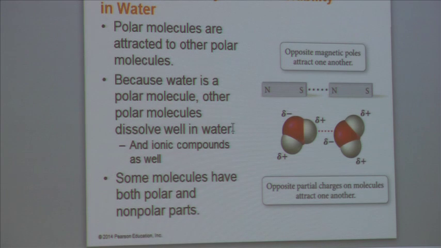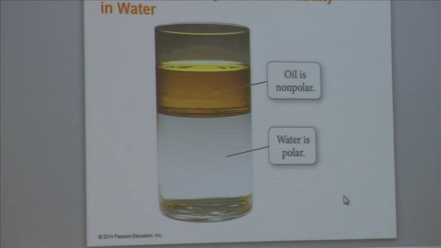Water is a polar molecule, and all ionic substances, compounds, will dissolve in water and be attracted to the positive and negative charges. Molecular polarity also affects solubility. Oil is nonpolar while water is polar.